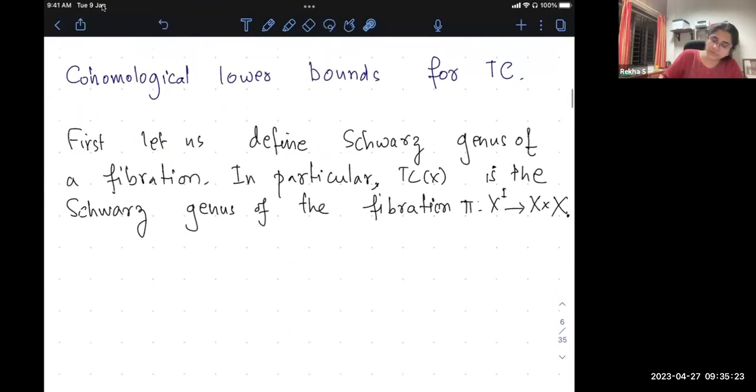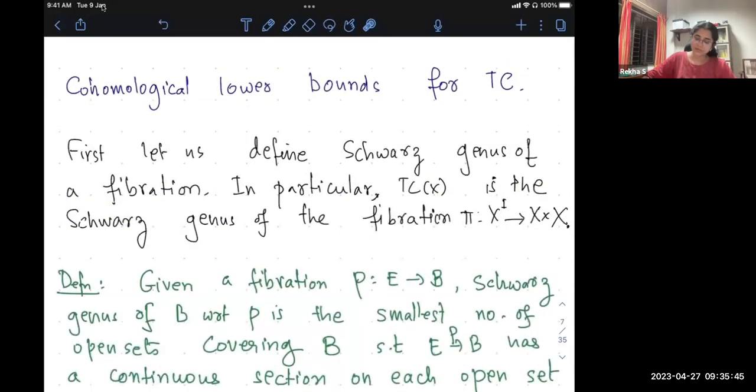Okay. In order to do this, let's first define a slightly more general notion, something called the Schwarz genus of a fibration. In particular, topological complexity will be the Schwarz genus of the fibration pi from the path space of X to X cross X.